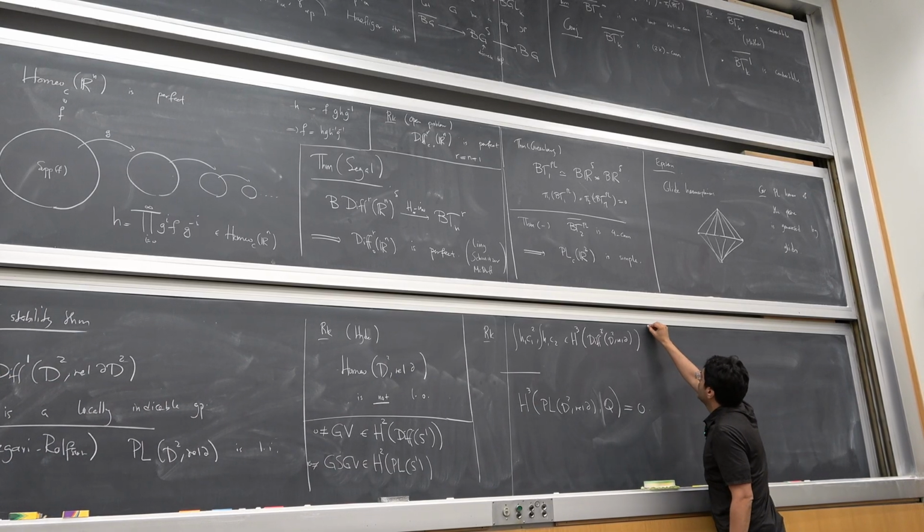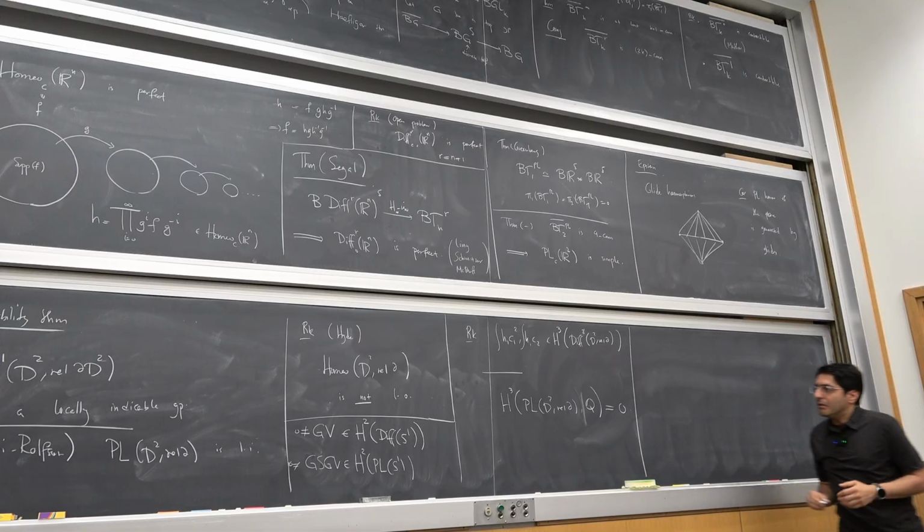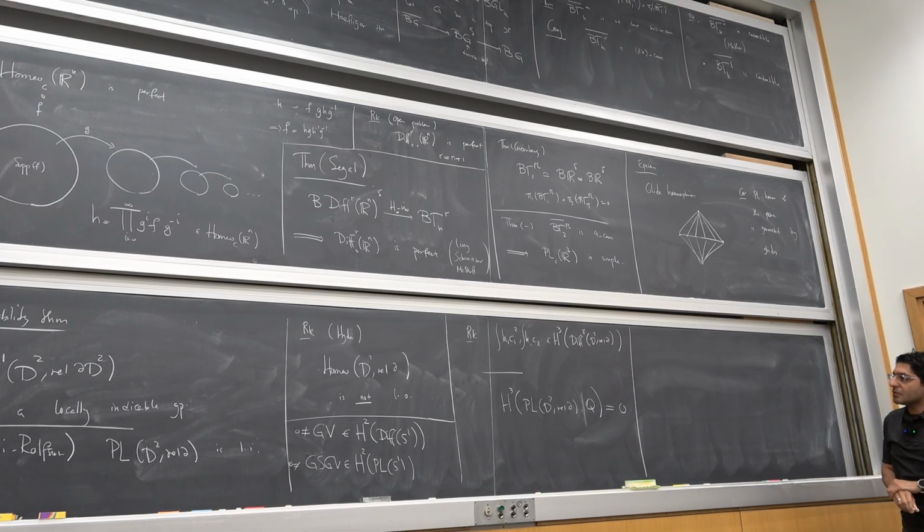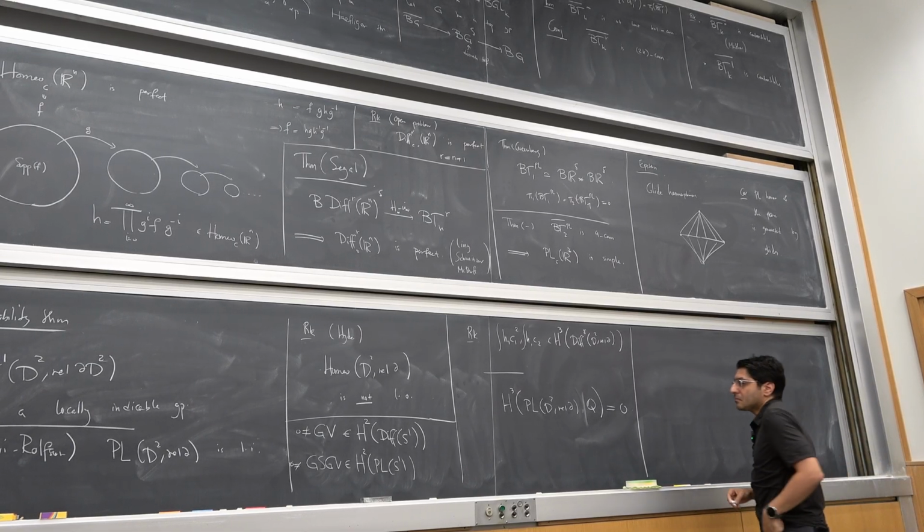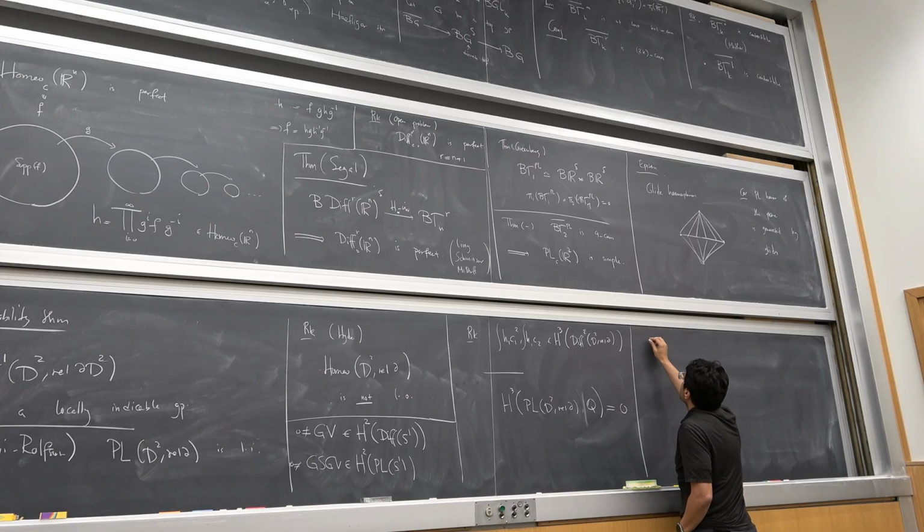And another, I think, interesting difference is what, for those interested in characteristic classes, goes under Bott vanishing.